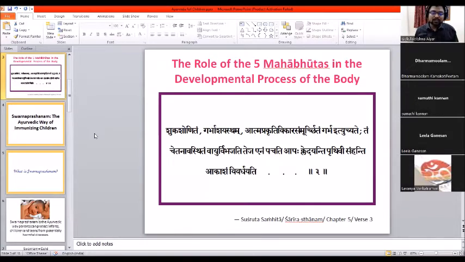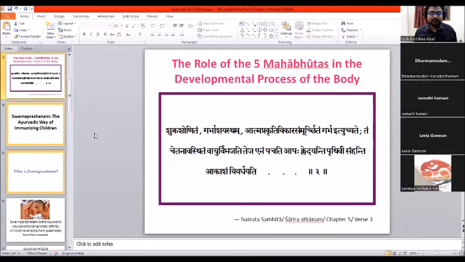When we go to the single-celled zygote, the zygote has eyes, ears, bones, muscles, intestines, lungs, and every single organ, all present in an avyakta form.